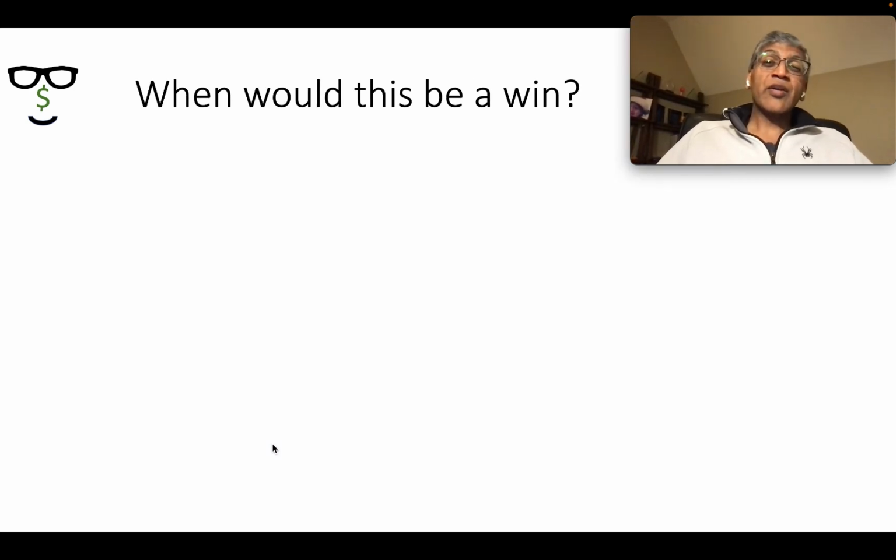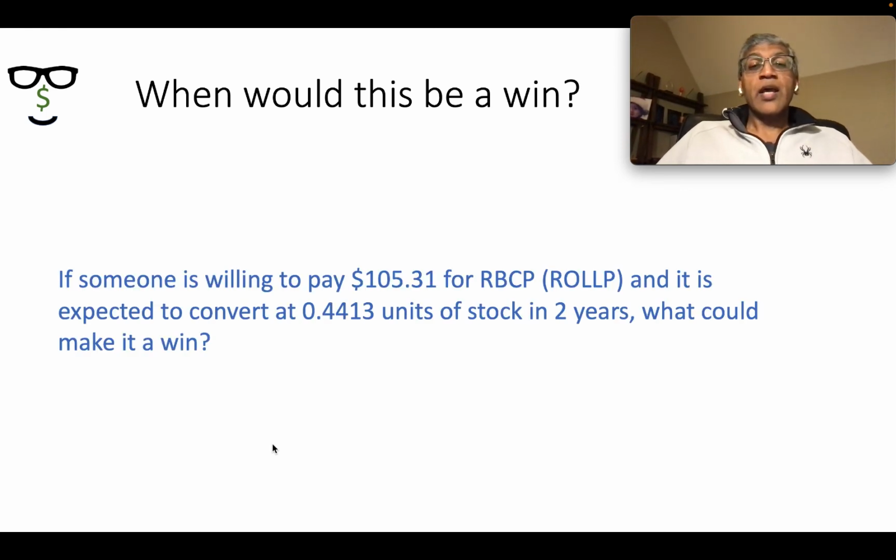So then the question is, is there a case where this is a win? I mean, somebody bought it today for 105. And so then you have to ask the question, if someone is willing to pay 105 and they only expect it to convert at 0.4413 of the stock in 2 years, what are they thinking?